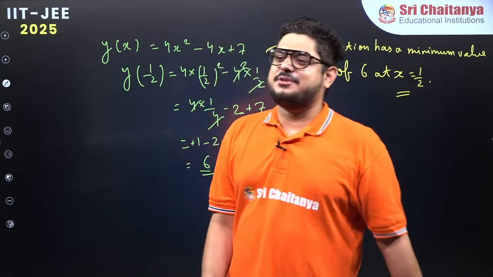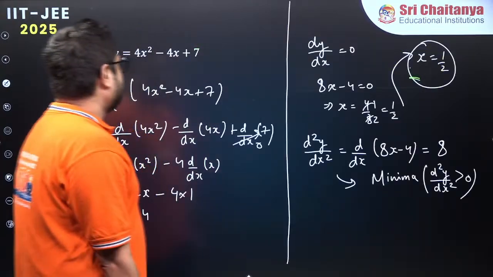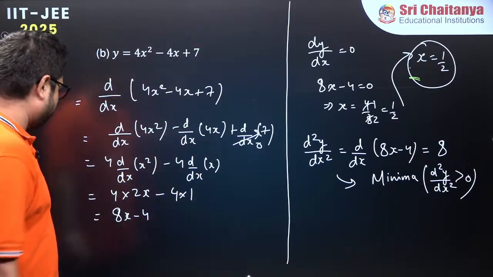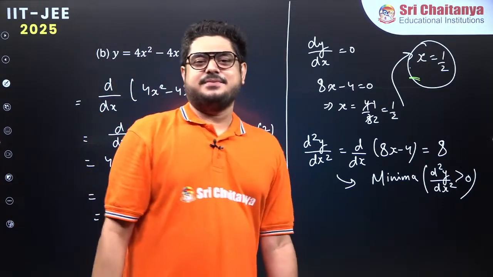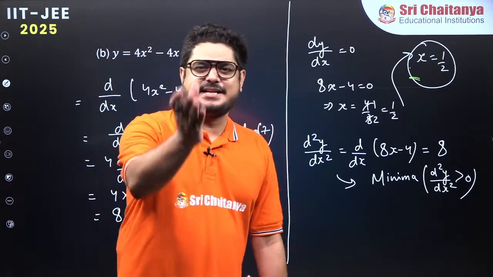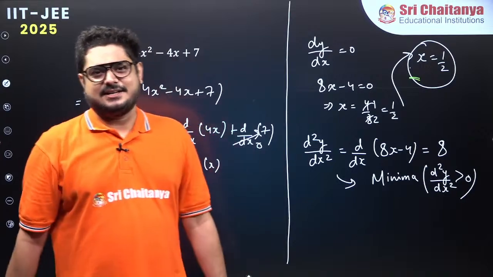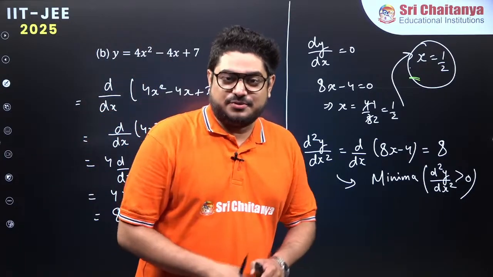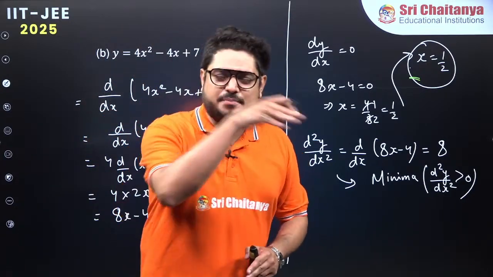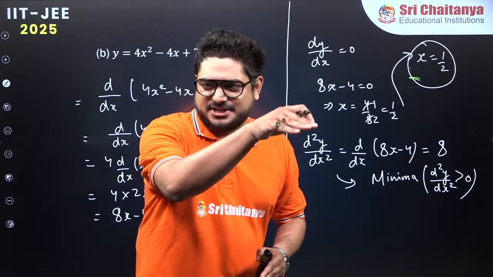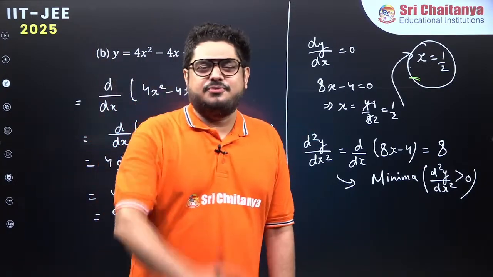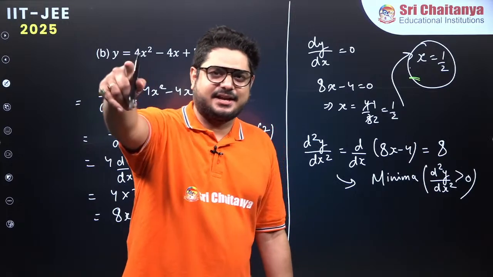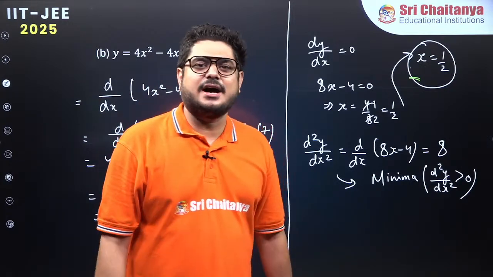So I am explaining it from the start once again, okay? First of all, differentiate it. Get the value of the first derivative. Equate it with 0. After equating it with 0, you will get some value of x, isn't it? Now you have a value where either the maxima or minima will exist for the function. So now what needs to be done? We need to find the second derivative in order to check whether we have a maxima or a minima.